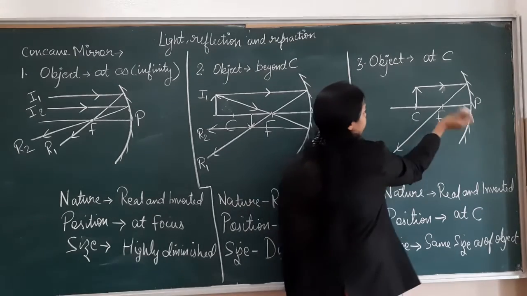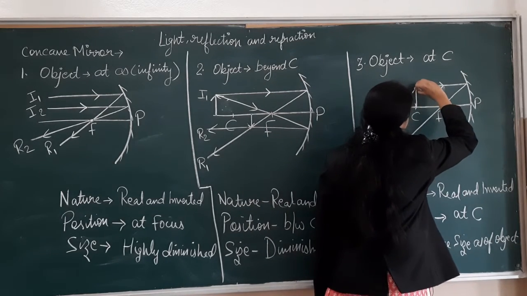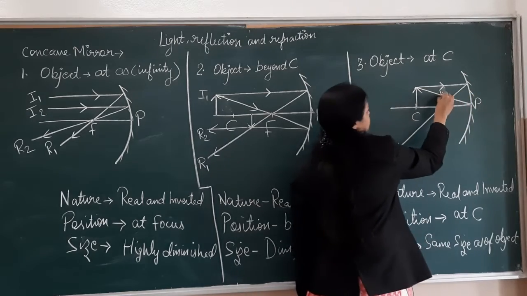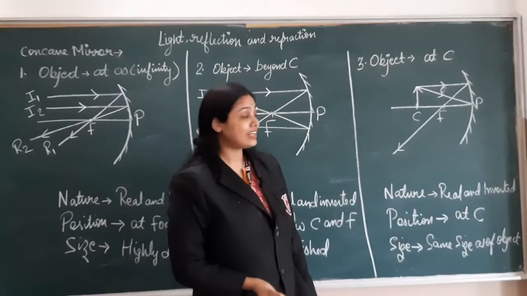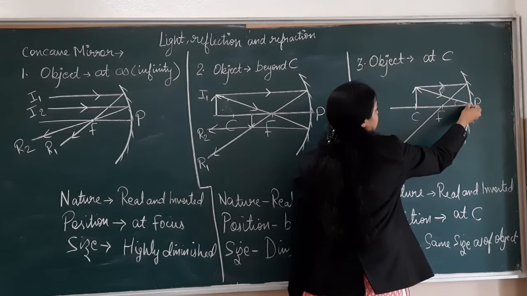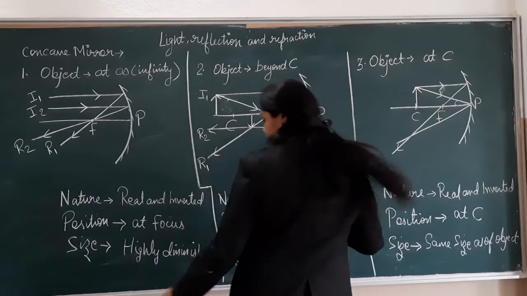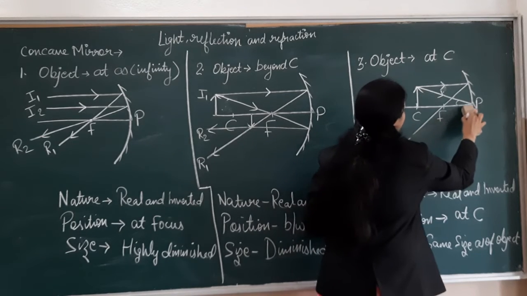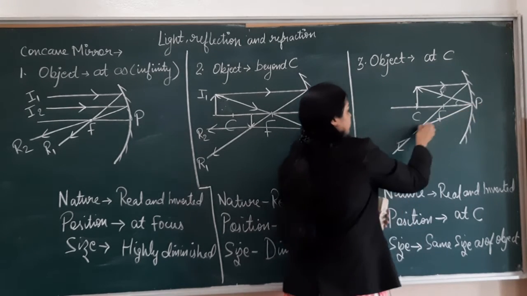Rule number 2, suppose we are using rule number 4: a ray passing through the pole, directly incident on the pole. So you have to measure this angle and then that ray will reflect back by following the law of reflection.